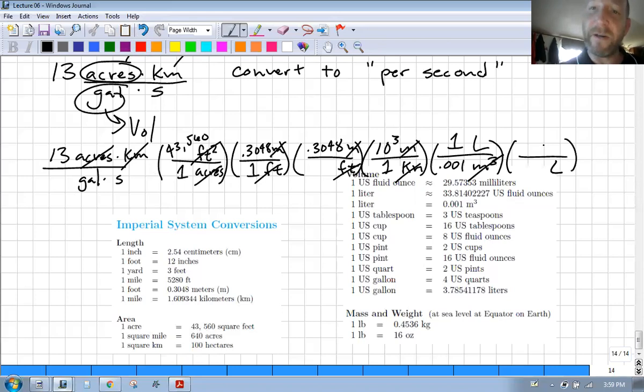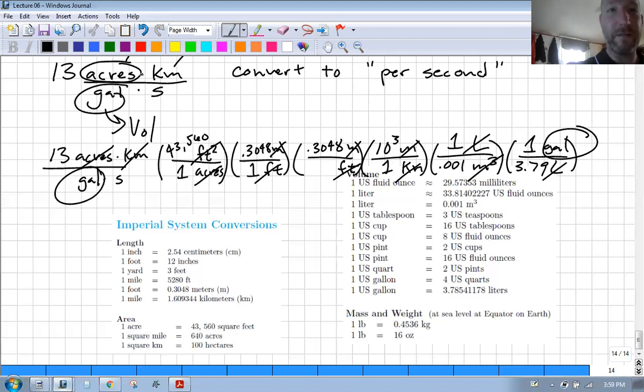Now, if I get rid of liters in favor of gallons, let's see right here, 3.79 liters make a gallon. Liters are gone. Now, gallons, I can finally go, boom, gallons are gone. And what am I left with? Per second.